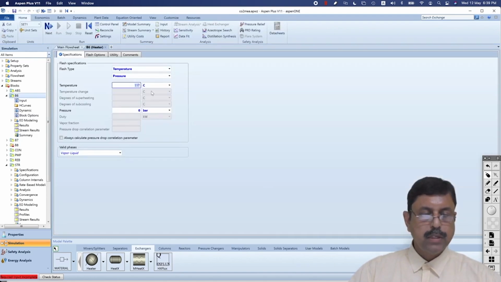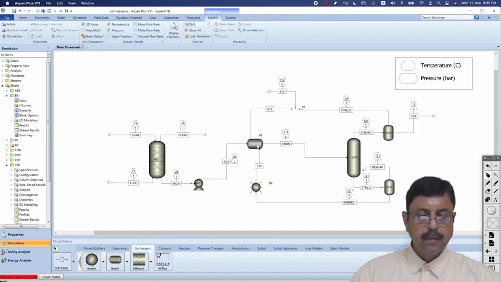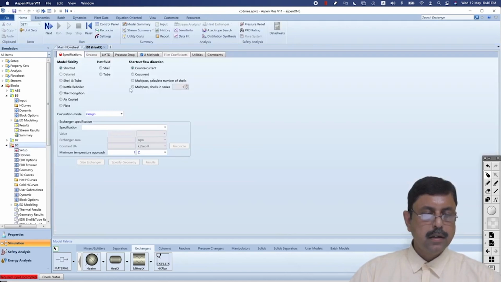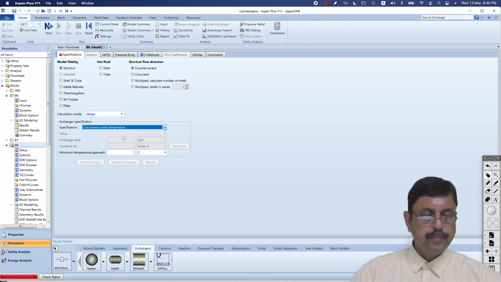Now we shall increase it up to 150 degrees centigrade. I'll tell you why I am doing it. Fix the heat exchanger. Let us say shortcut heat exchanger. We will fix the cold stream outlet temperature at 117 degrees centigrade.